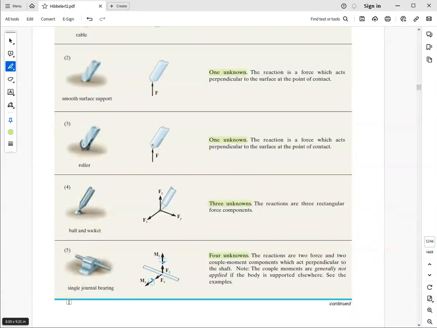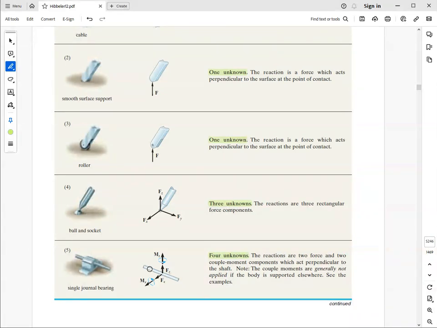We have single journal bearing. This is like a cylindrical joint, so you can slide and rotate about its own axis this rod relative to the bearing. And because translation is not possible transverse to the rod, we're going to introduce 2 forces, and since rotation is likewise not permitted on axes transverse to the rod, we have moments.